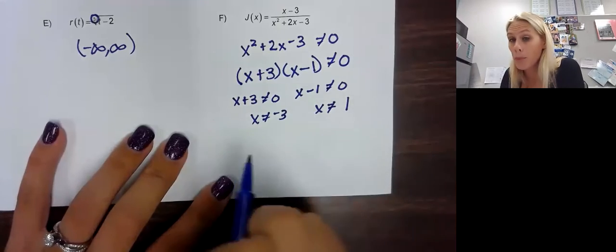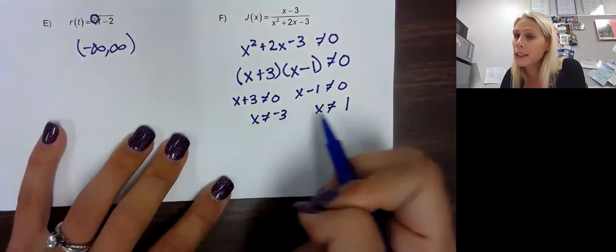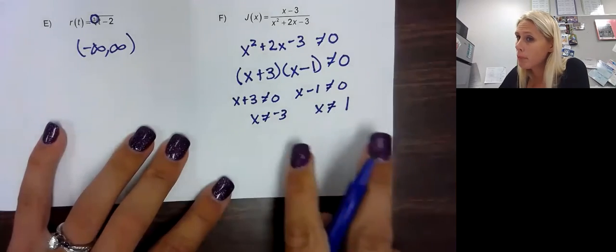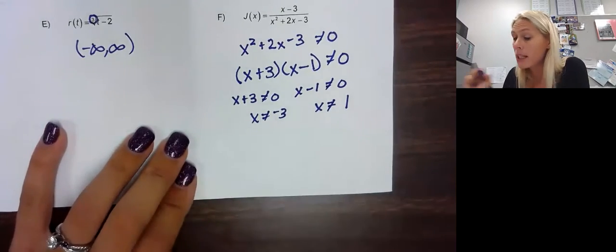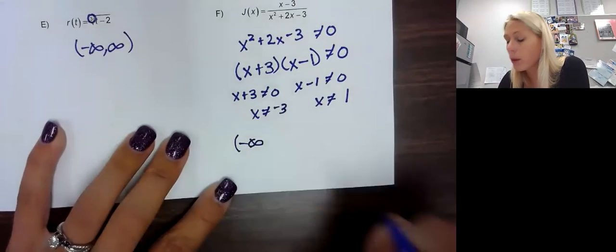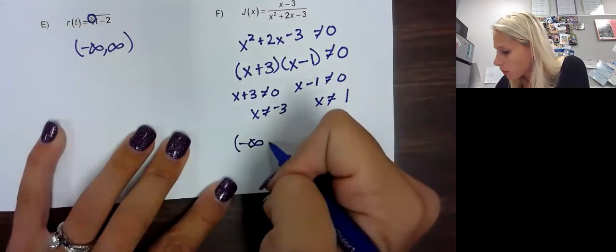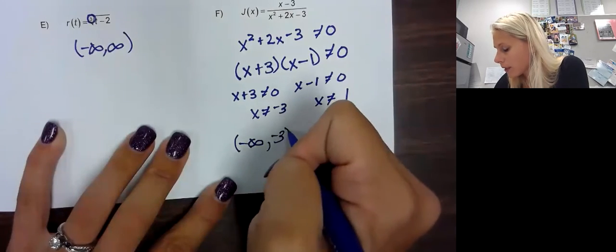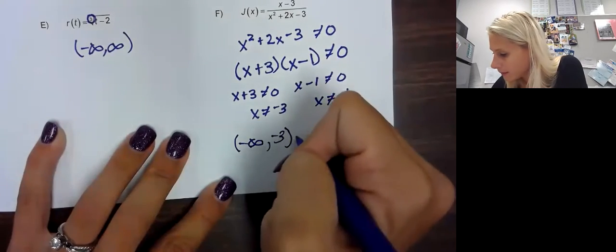All right, so be careful when this happens to be in the correct order for me, right? -3 is smaller than 1. Be careful if it's flipped, because we always start with negative infinity. And what we're going to do is go to the lowest number, which in this case is -3. Remember, we're not including it, so it's going to be a parentheses.